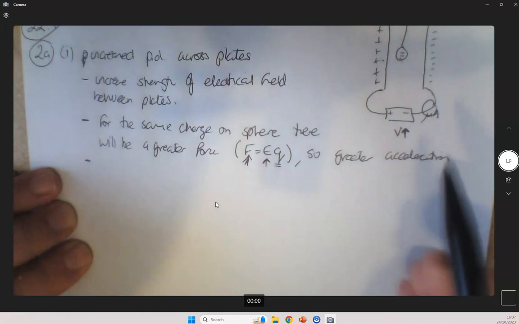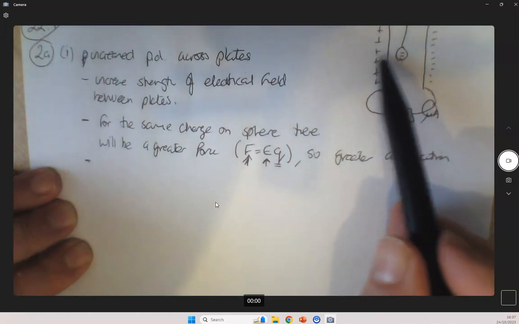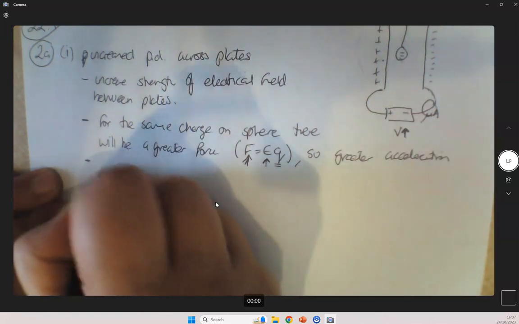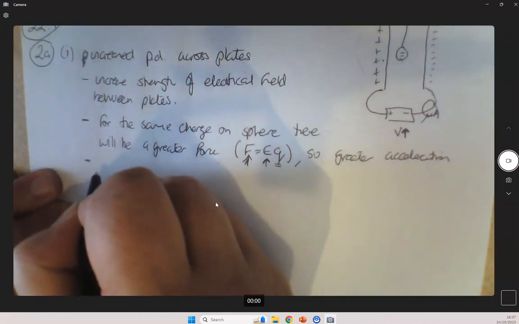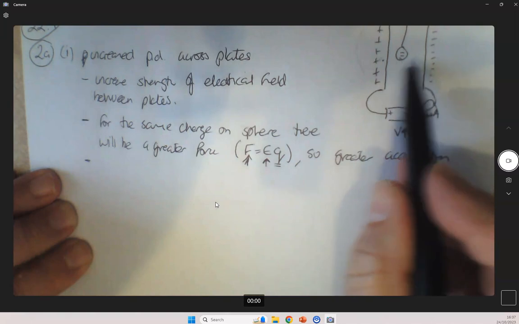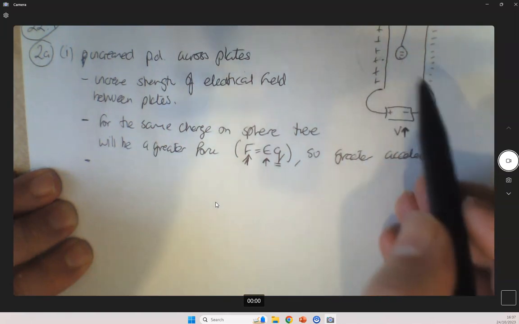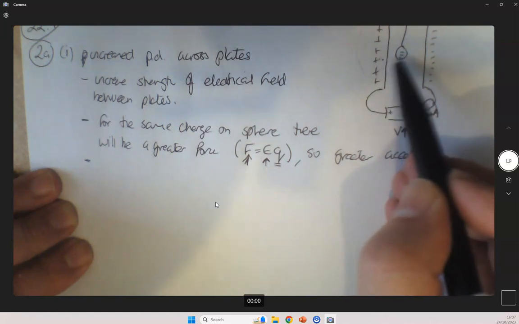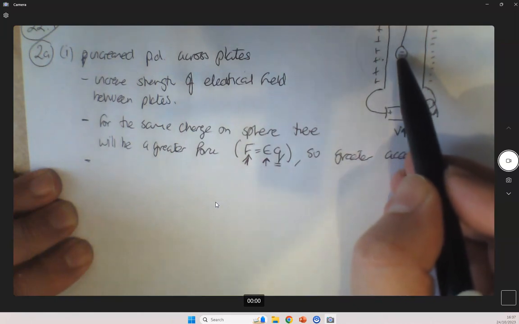The second thing that's going to happen is, if there's a greater potential difference between the two, it's like having extra charges on here, so there'll be more charge on the sphere each time it goes back and forth. If you can imagine, if this is very much more positive, it will drag more electrons off, making the sphere equally positive.